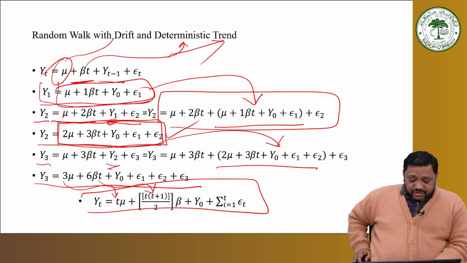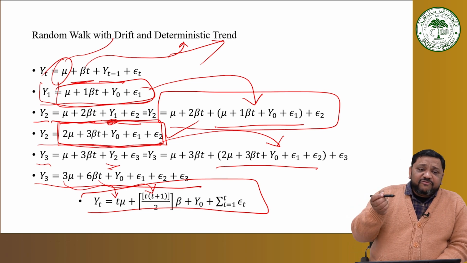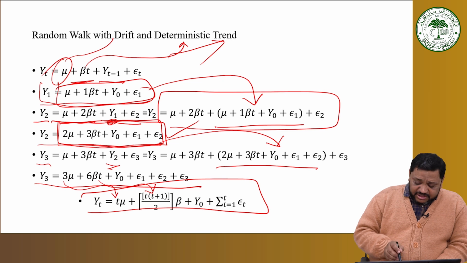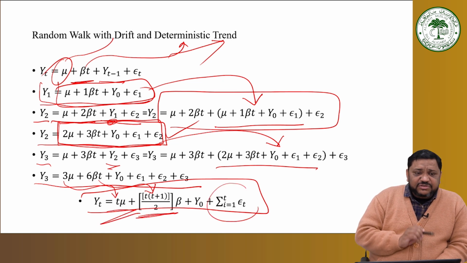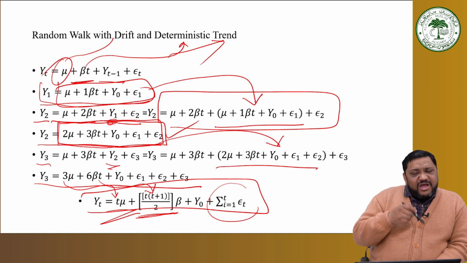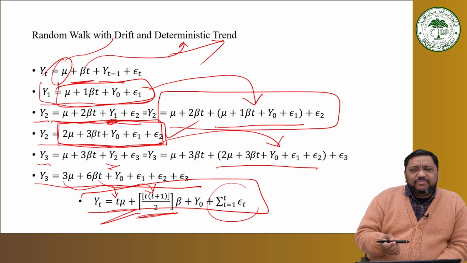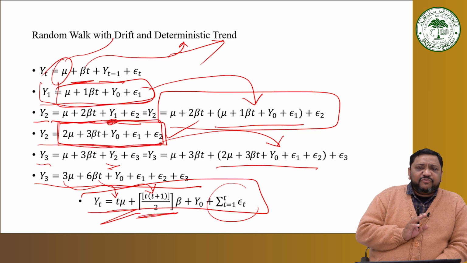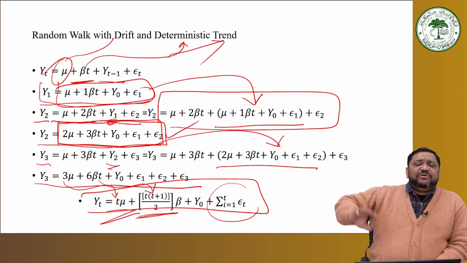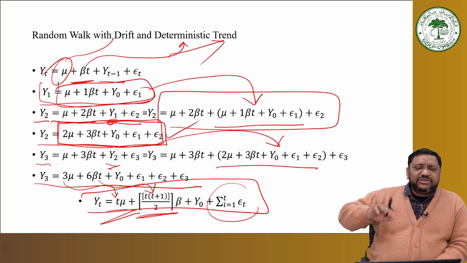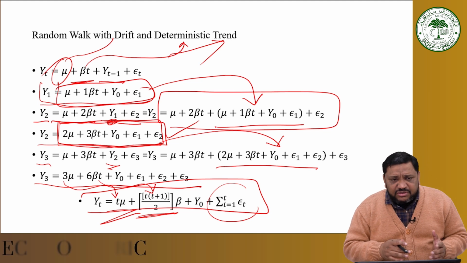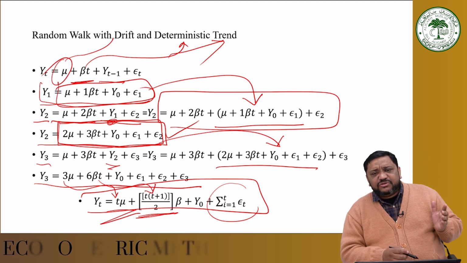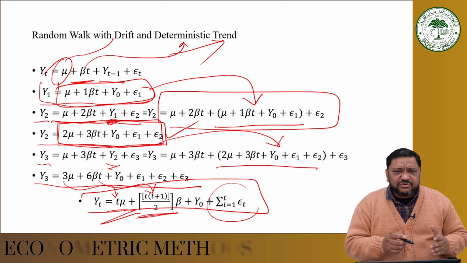While finding the mean, the expected value of the error summation will be 0, but these other terms are there. So once we have derived the process for the mean, we find that there is an element of time in it. As the time changes, in the drift also there is a mu, and in the trend also there is a t.